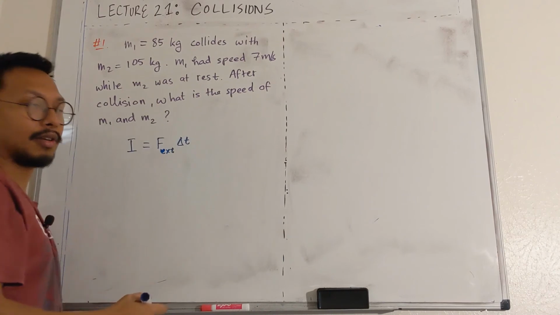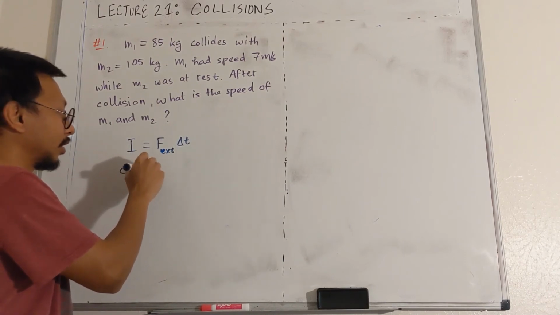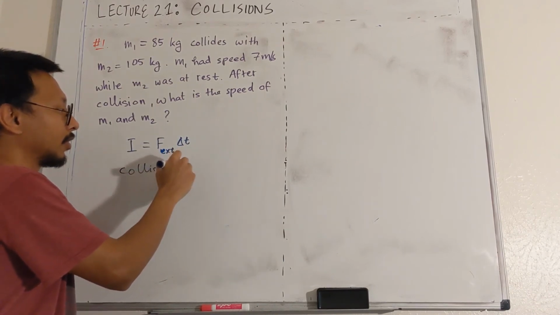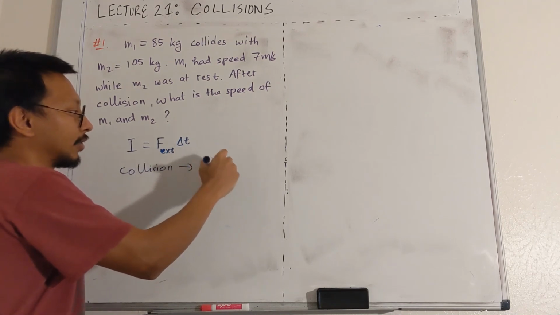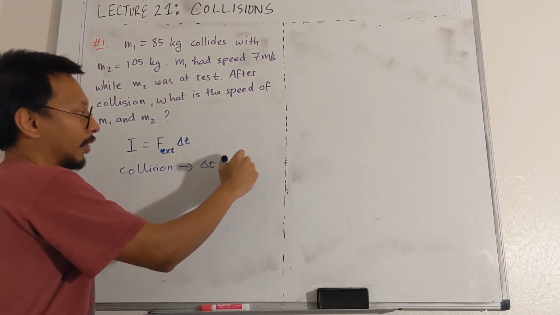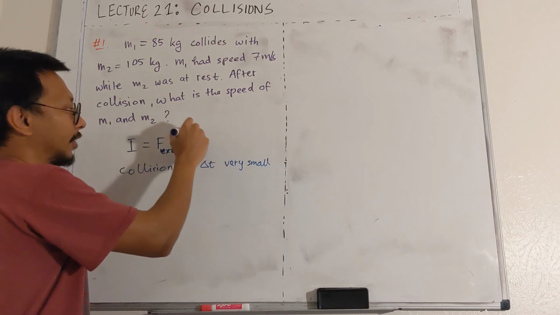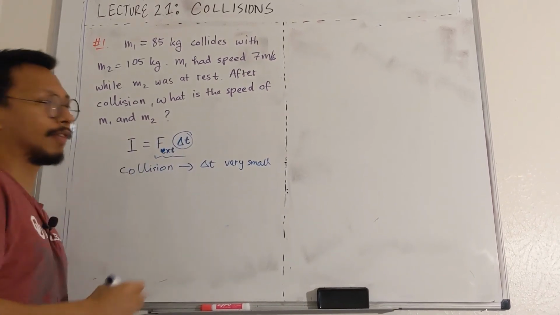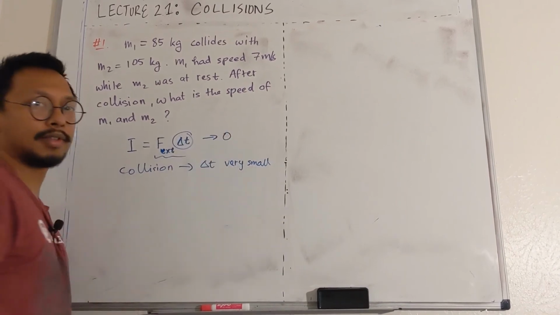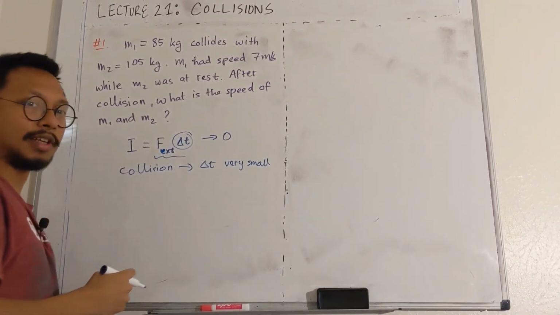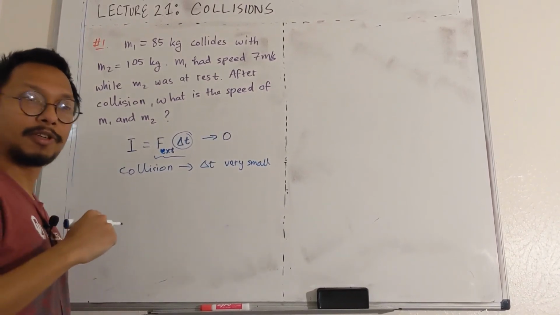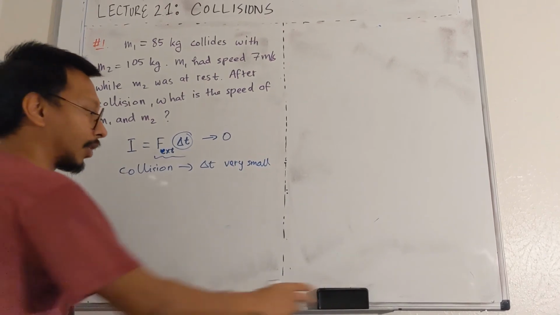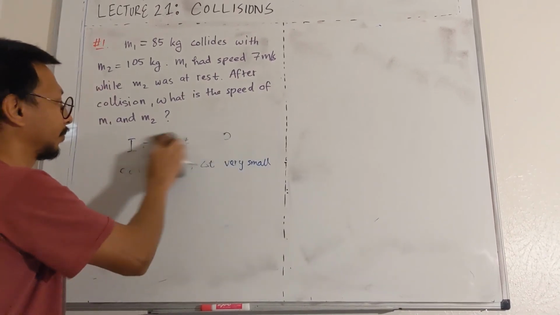But a collision lasts a very short time. For a collision, delta t is very small. If delta t is very small, then this product is very small, and we can effectively set the impulse to 0. That is why it is legal to use momentum conservation in collisions like these. All right, so let's begin.